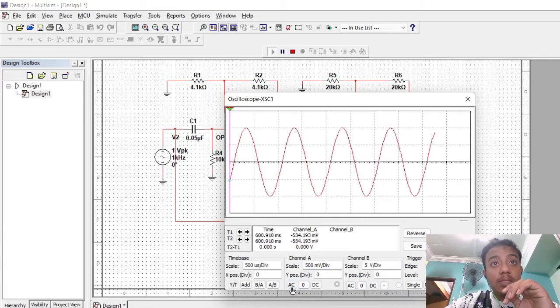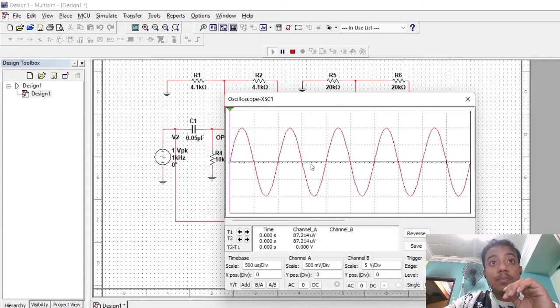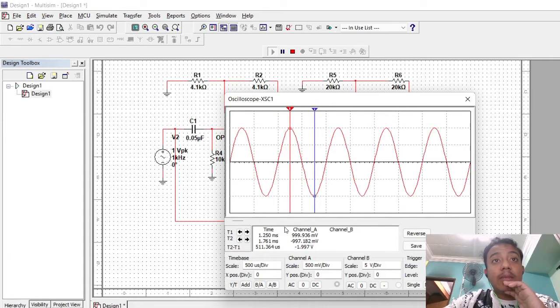This one is the AC signal, and then we put it to the negative side and to the positive side, and then we can see our input signal, our time and our voltage.